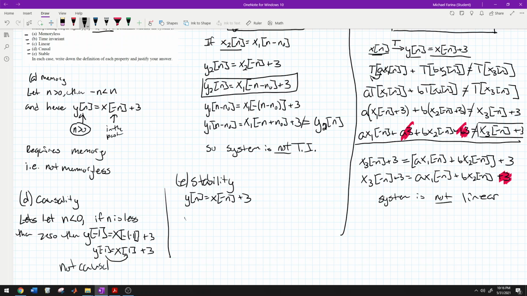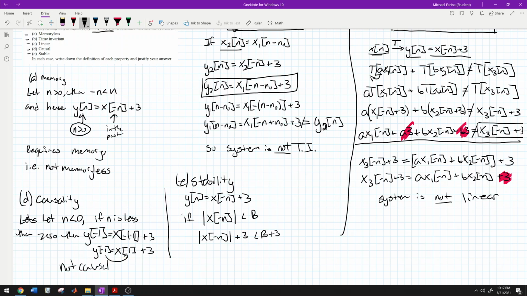So if the magnitude of our input is less than some limit b, then we get that x of negative n plus 3 is going to be less than b plus 3.